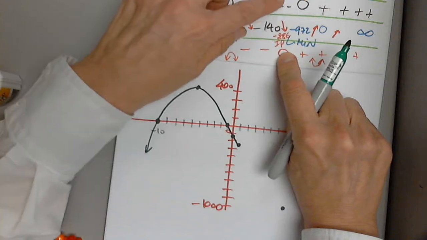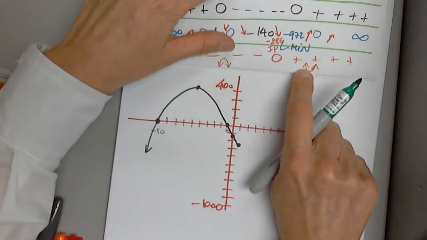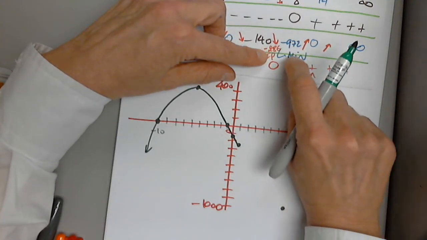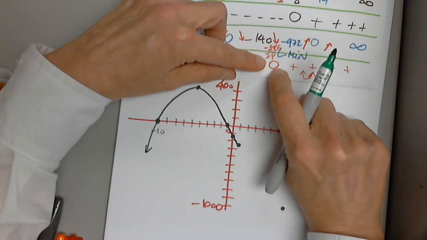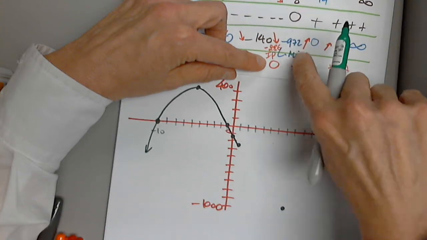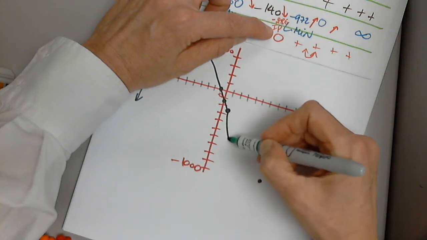At this point, this is an inflection point. It changes concavity. It starts increasing, opening upward and also increasing. So, however, at this point it's an inflection point, and then it decreases, but opening upward to the local minimum. So this is the inflection point, and now it opens up.